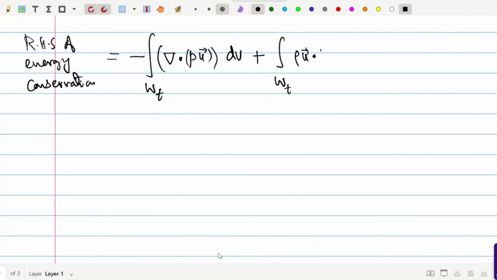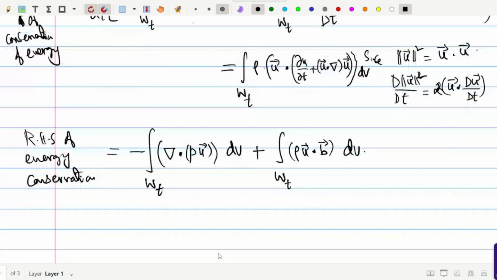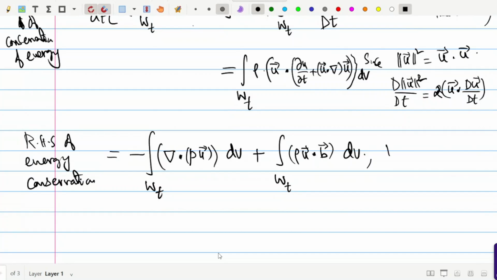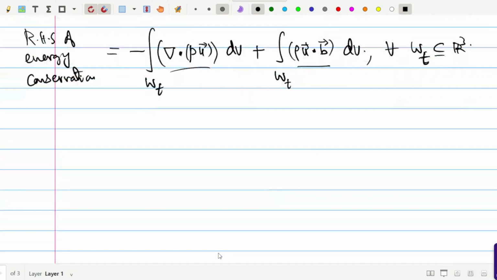So rho U dot B, or external thing, this is our dV. Now both sides you have a WT, right? So this is true for every WT subset of R3. So now this is equal to this plus this, right? This minus of this. So implies, now I am writing directly.